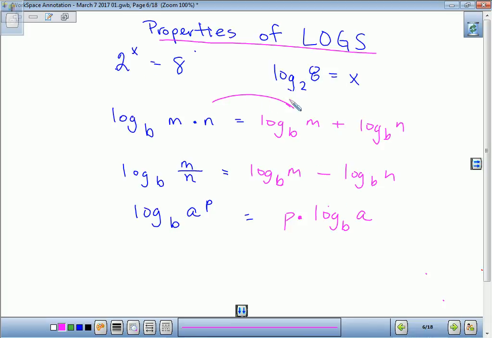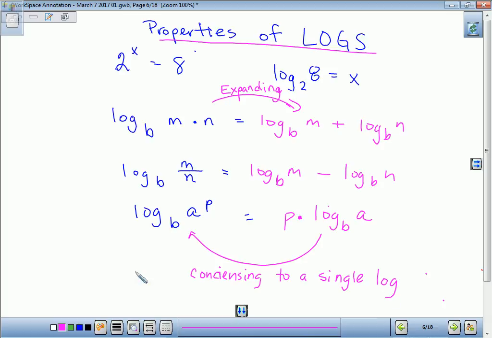If we go this way with it, we call that expanding. If we start with this side and go this way with it, we call it condensing. And most of the time we'll say condense to a single log.